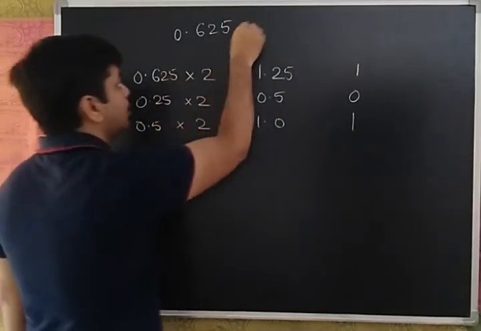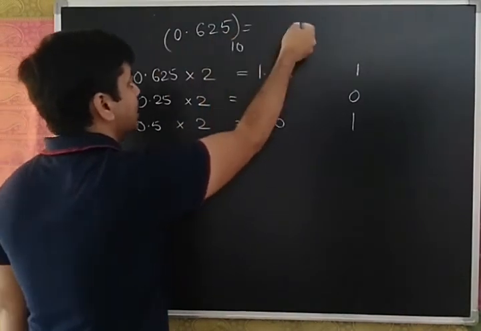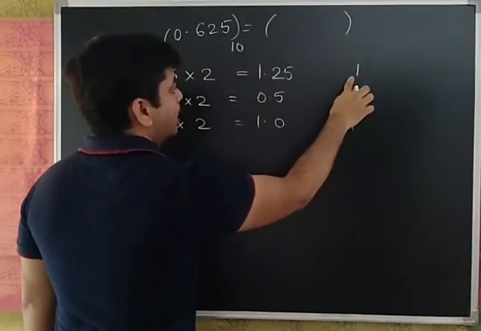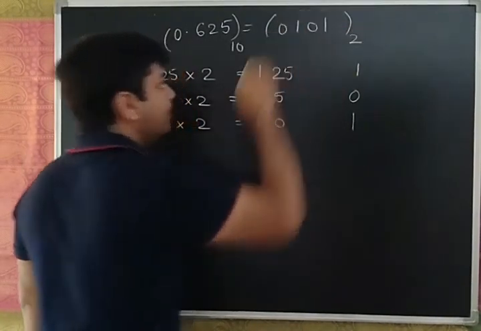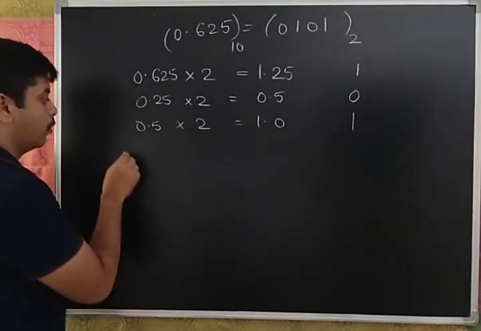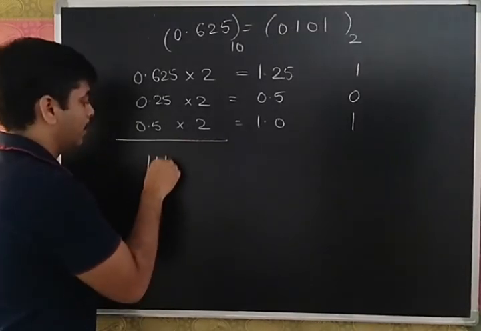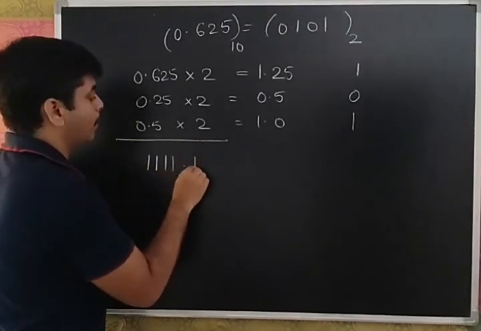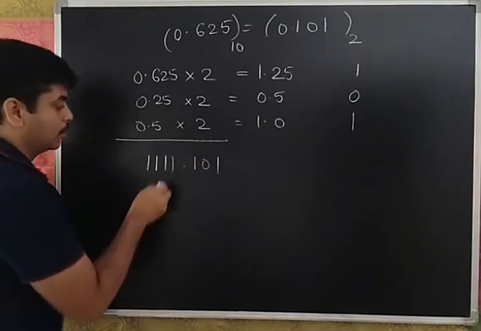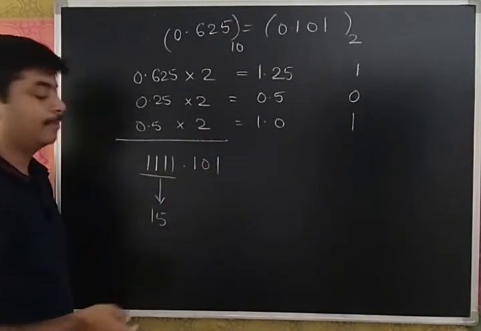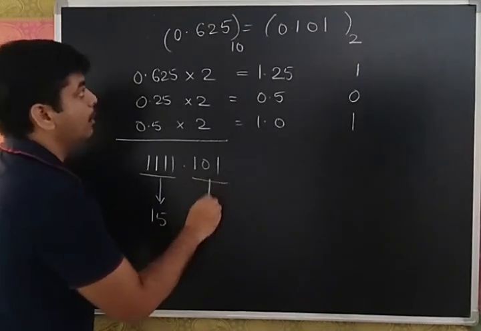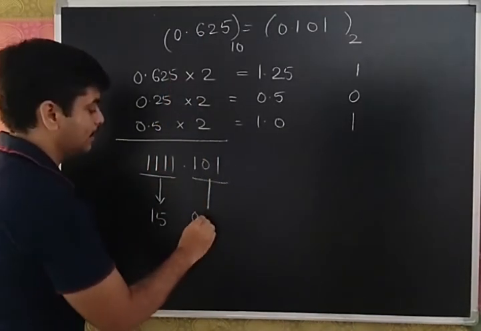So in the decimal system, this 0.625 is equal to 0.101 in binary. Clear? If you want to write this one, 1111.101. This number you try to calculate: this will be 15, as we have already discussed in the first example, and this 0.101 will be equal to 0.625.